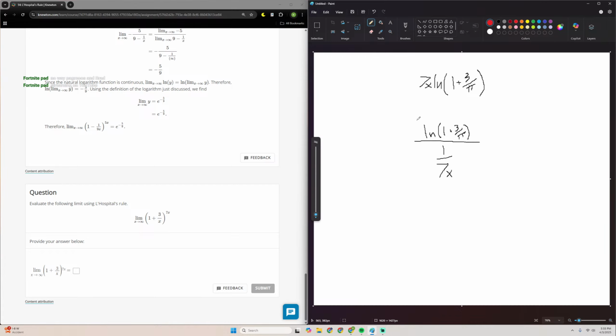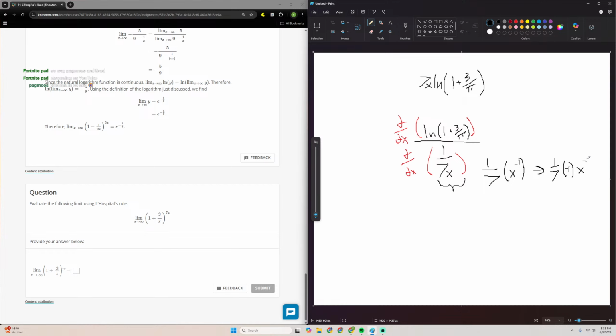So, with red, d over dx. This is actually 7 over 1 times x to the negative 1. And then this turns into 1 over 7, and then closer to the left. X, oh whoops, negative 1 times x to the negative 2.